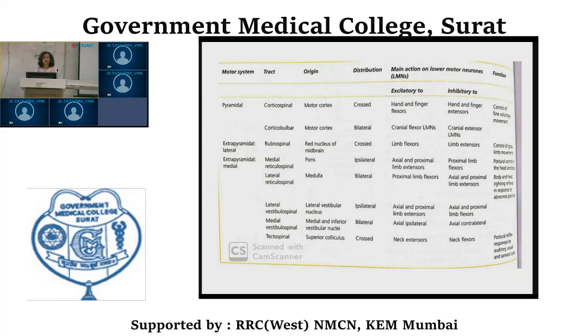The medial reticulospinal tract is inhibitory to proximal limb flexors and excitatory to axial and proximal limb extensors. The function of this medial reticulospinal tract is postural control of the head and body.